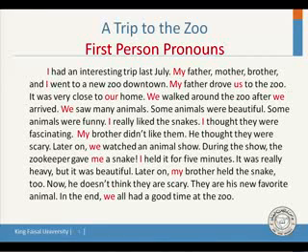Later on, after that, we watched an animal show. We watched an animal show. During the show, the zookeeper gave me a snake. Gave me a snake, me. I held it for 5 minutes. It was really heavy.